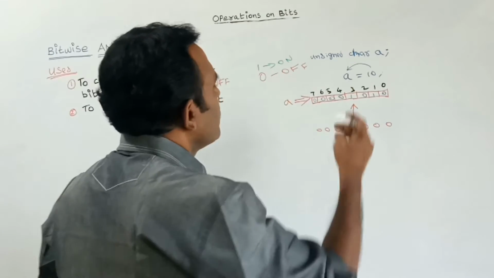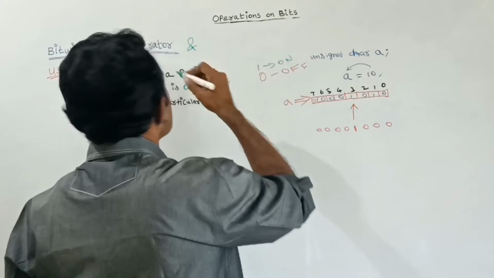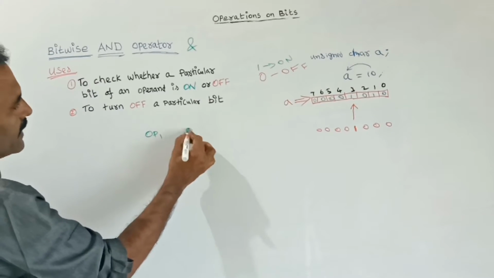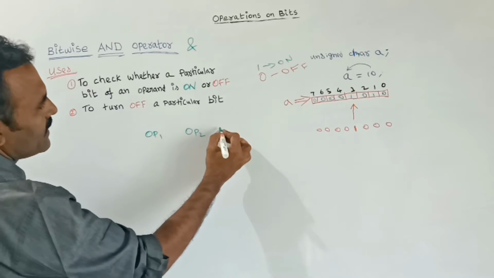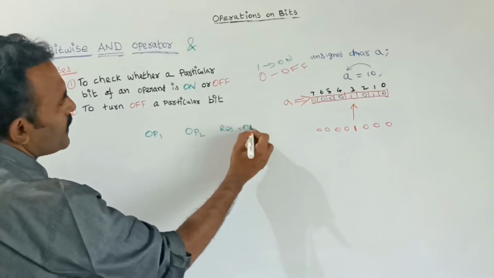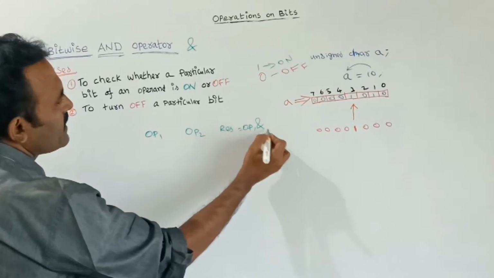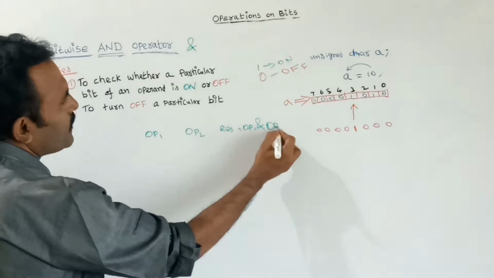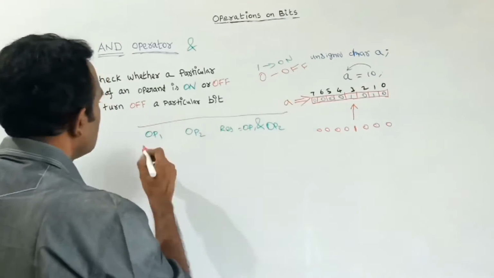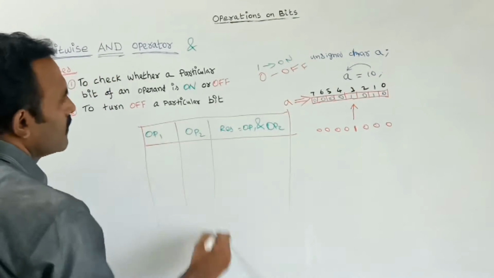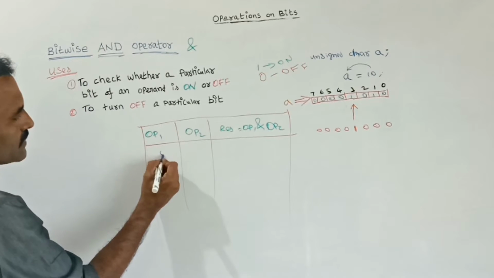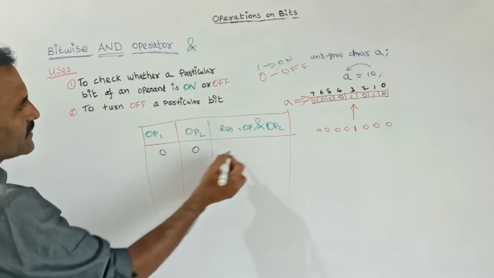What is the truth table of the bitwise AND operator? Here the first column is operand 1, next operand 2, and then the result. Result is equal to operand 1 bitwise ANDed with operand 2. If the first operand is 0 and the second operand is 0, the result is 0.